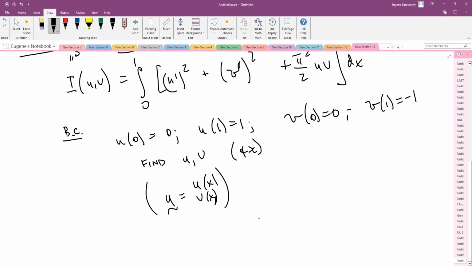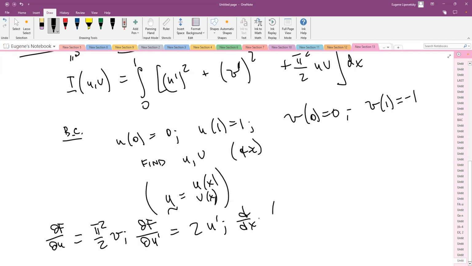And we have df over du equals pi squared over 2 times v. Df over du prime equals 2 u prime. D over dx of df over du prime equals 2 u double prime.